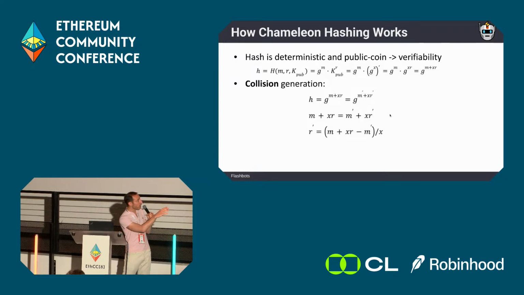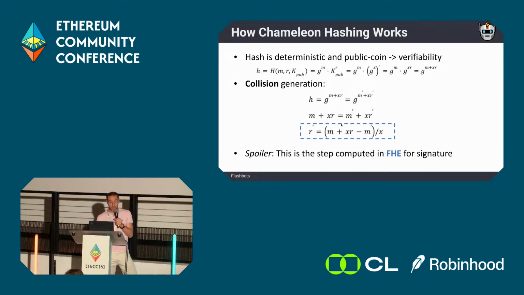If we observe that they're both using the same generator, we can just equate these things, and that's the equation we need to solve. So at the end of the day, when we want to find a collision, we just want to run this equation, right?